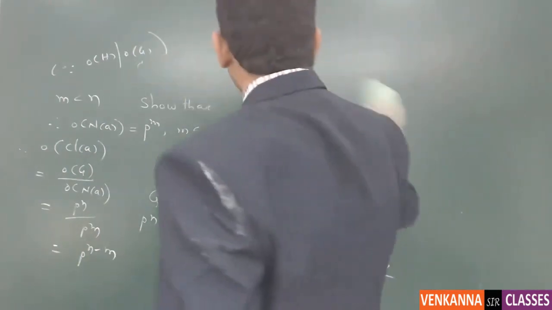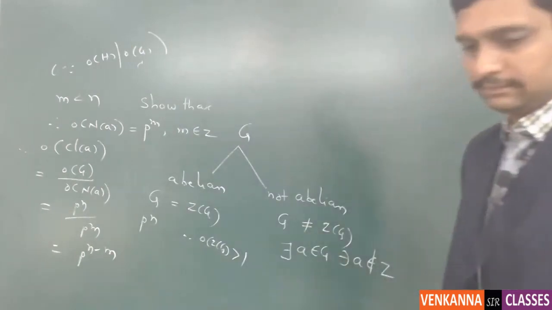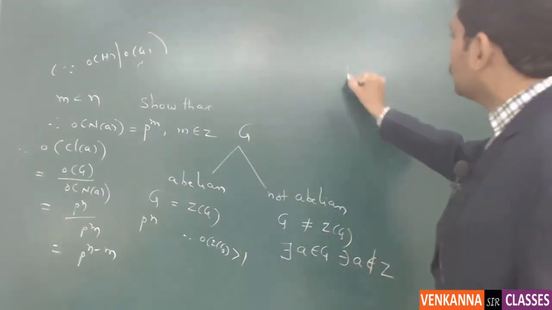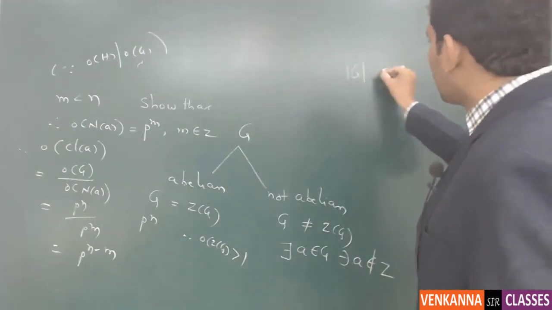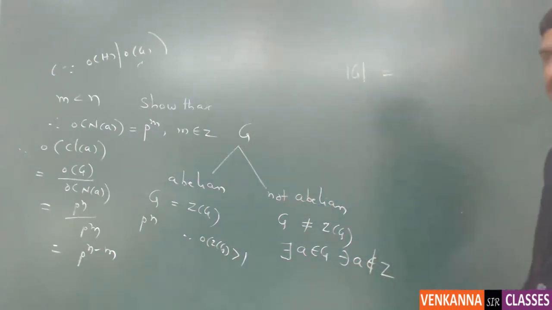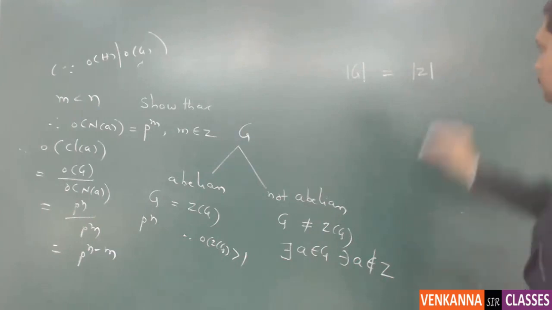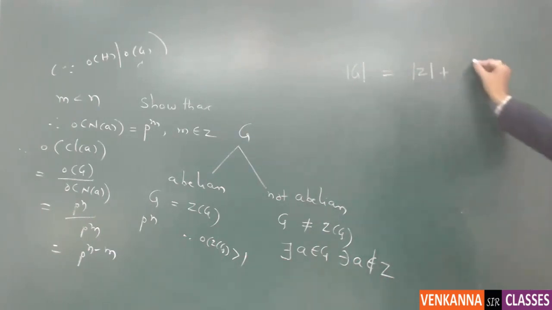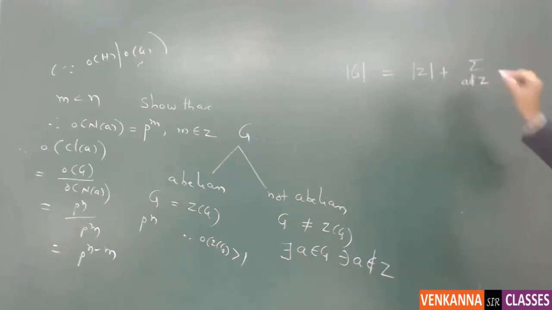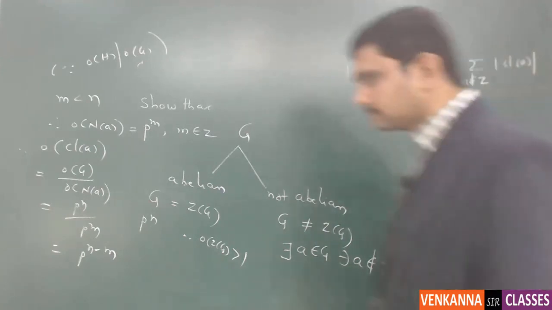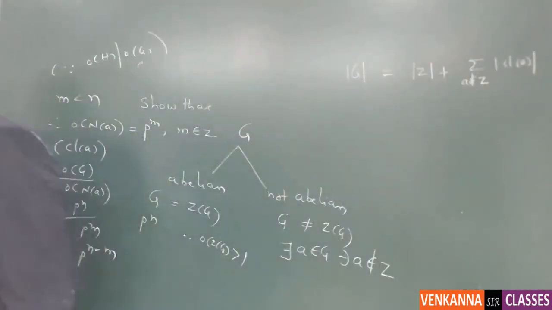Now let us write the class equation here. Order of the group is equal to order of the center plus the summation, over A not belonging to the center, of the order of the conjugacy class of A. This is the class equation.